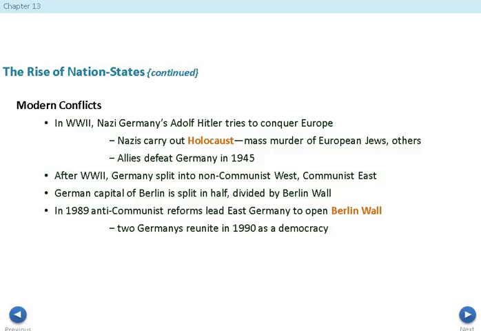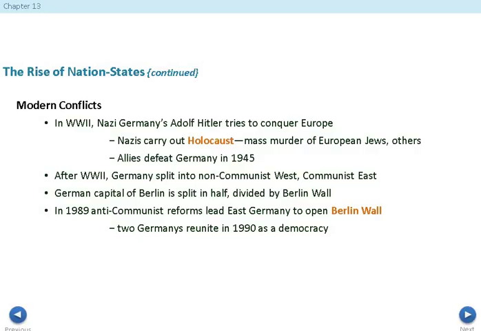Now, Germany is going to split into a non-communist West country and then the communist East country. And this is so magnified right here in Berlin, where Berlin is actually split in half. You've heard of the Berlin Wall. The west part of it is going to be non-communist, the eastern part is going to be communist.